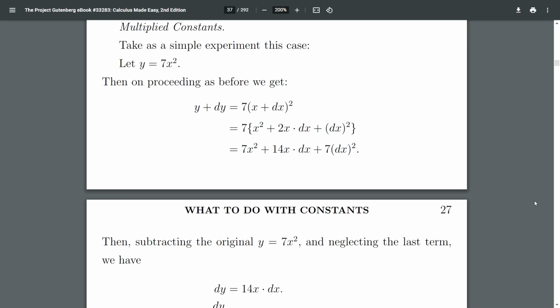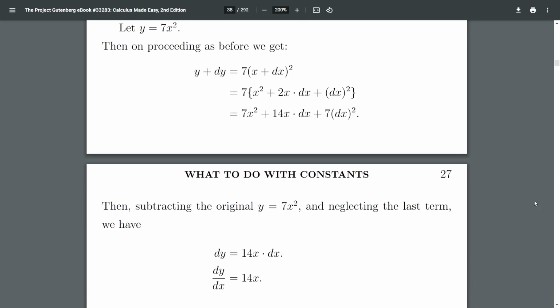Multiplied constants. Take as a simple experiment this case. Let y equal 7x squared. Then on proceeding, as before, we get y plus dy is equal to 7 times (x plus dx) squared, which is equal to 7 times (x squared plus 2x times dx plus dx squared), which is equal to 7x squared plus 14x times dx plus 7 times dx squared.